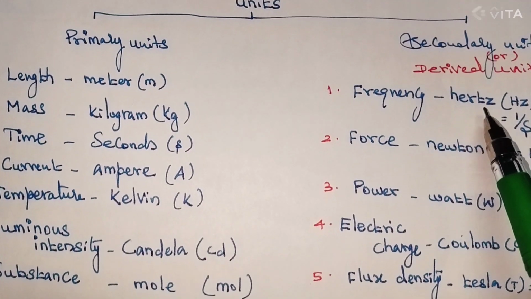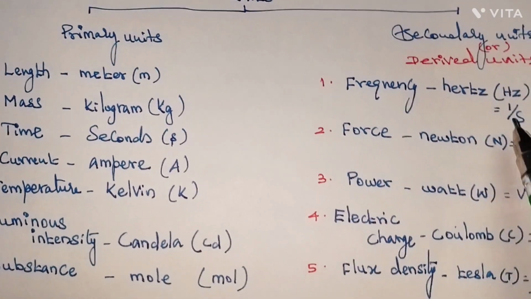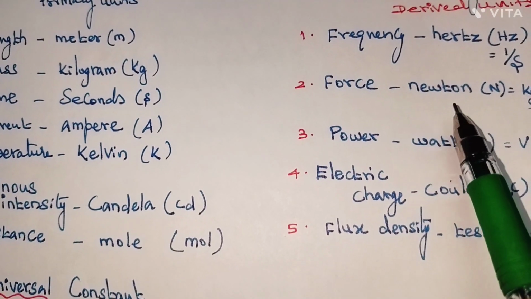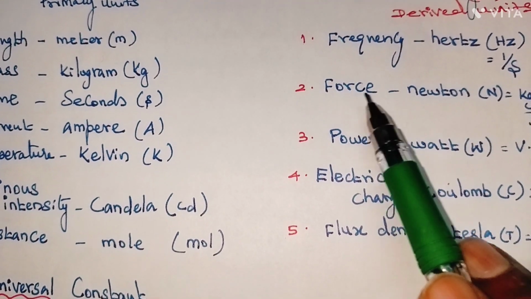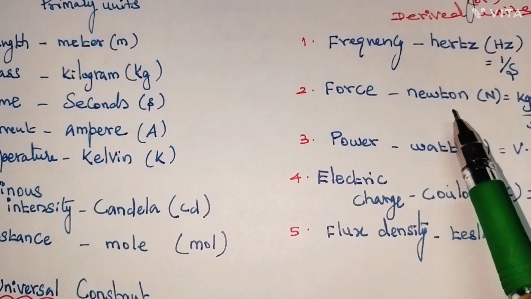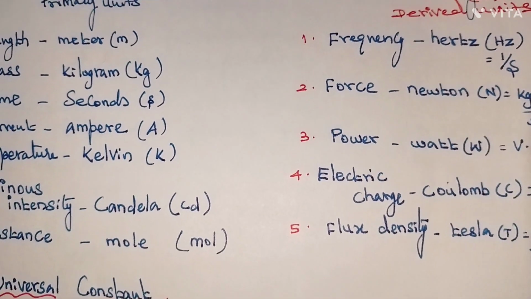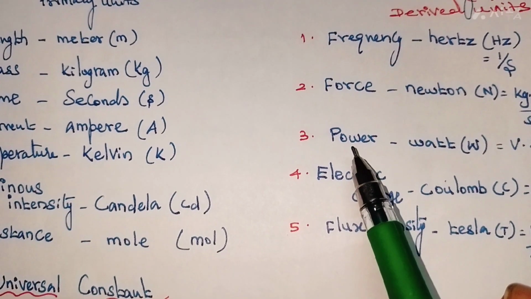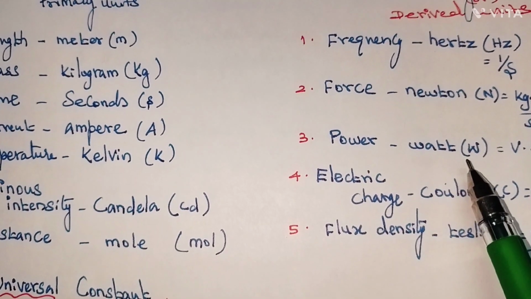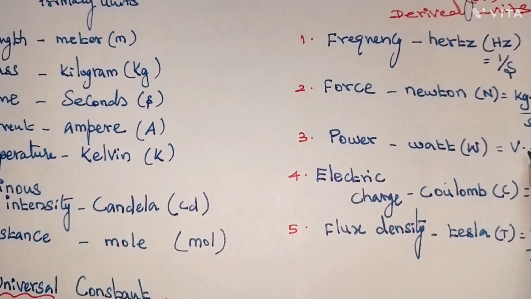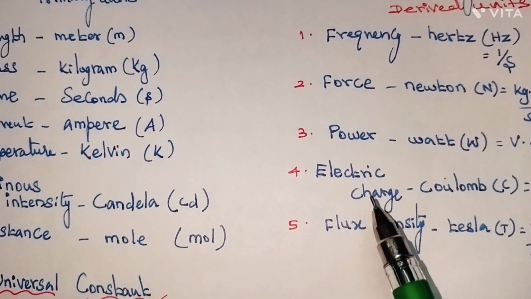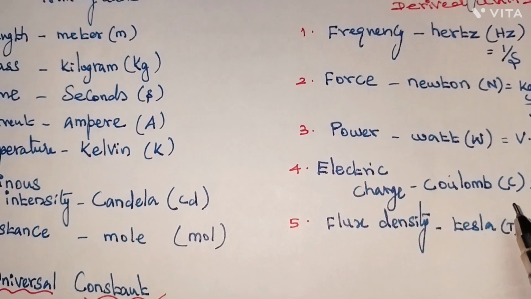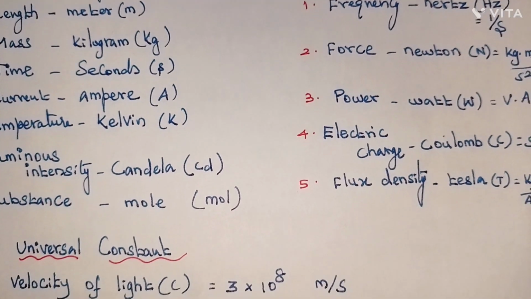The unit is hertz, represented by 1/s. The second is force, the newton, kilogram times meter divided by second squared. Power is represented by watts, V times A. Electric charge is the coulomb, seconds times ampere.